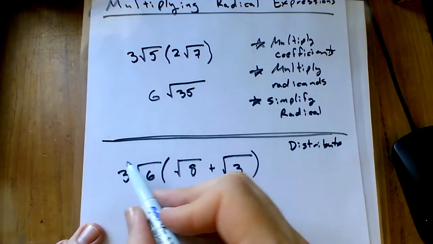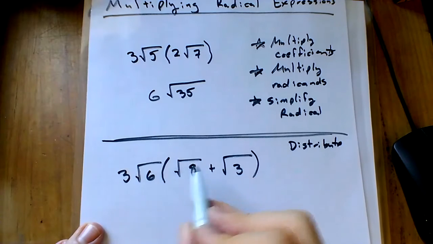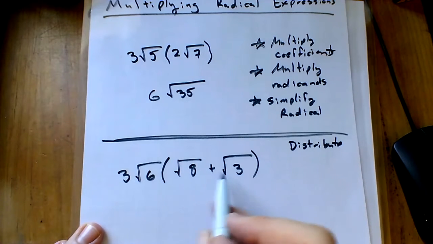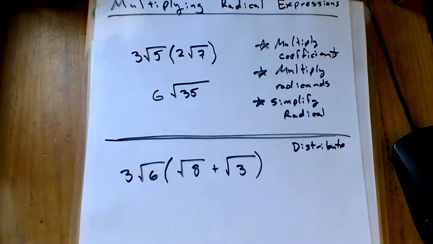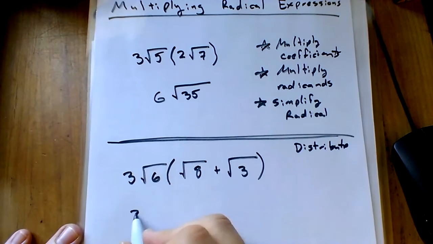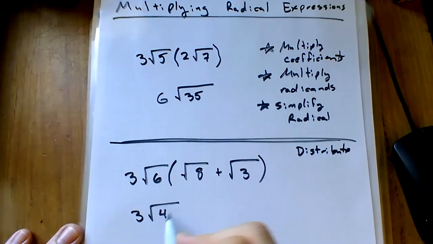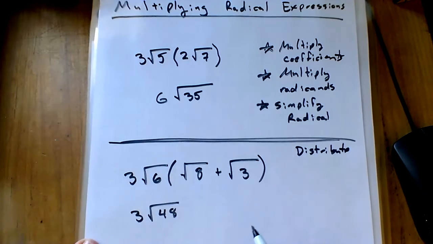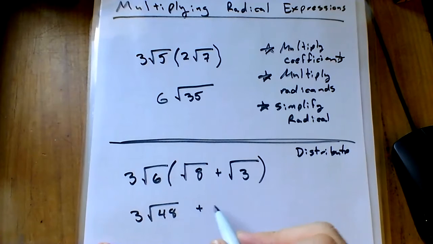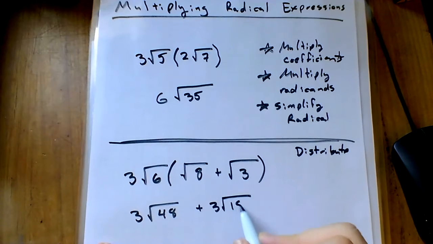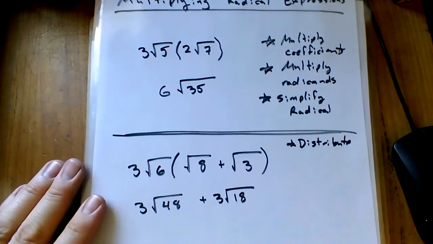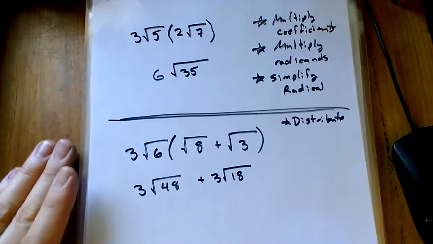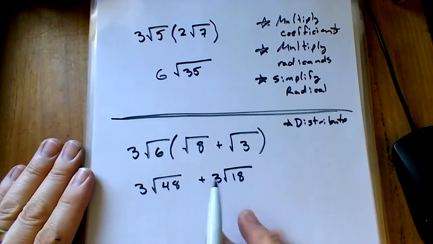So here, this would be 3, and if I don't have a coefficient in front of this, I'm just going to consider my coefficient to be 1. So this is going to be 3, and then I'll have the square root of 48, square root of 6 times square root of 8. And this is going to be plus 3 square roots of 18. So you're going to distribute like you normally would. And then from here, we can simplify these radicals.